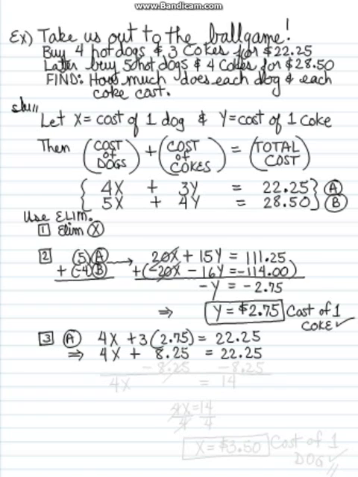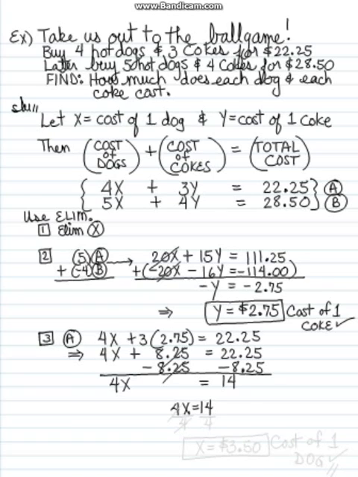Okay, I'm trying to solve for x, so now I'm going to subtract 8.25 from both sides. That gives me, bring down the 4x. These cancel, bring down the equal sign. 22.25 minus 8.25 is 14. So I've got 4x equals 14.